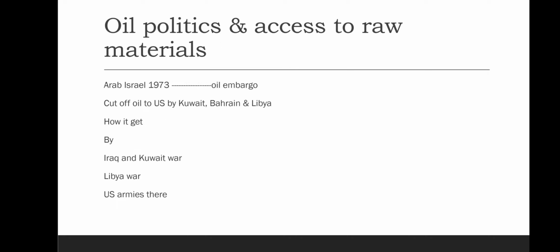Similarly, oil politics and its access to the raw materials of the world, what did it do? We see the example of the 1973 Arab-Israel war, where Middle Eastern nations initiated an oil embargo. OPEC countries cut off their oil to the European nations.